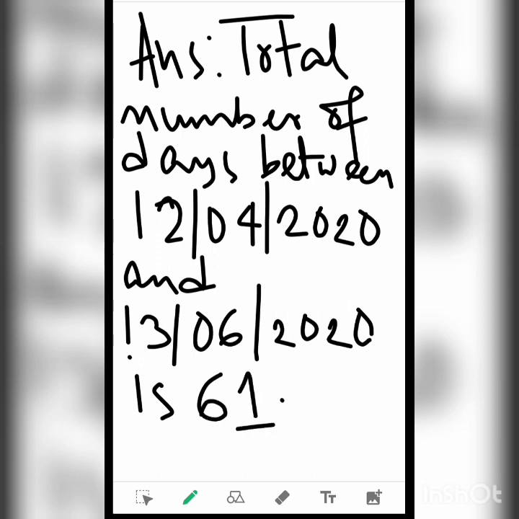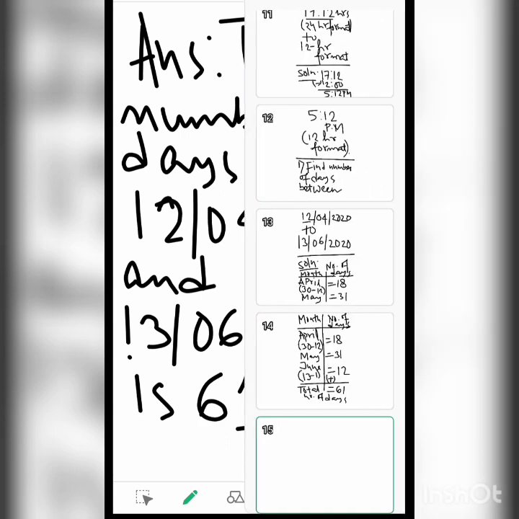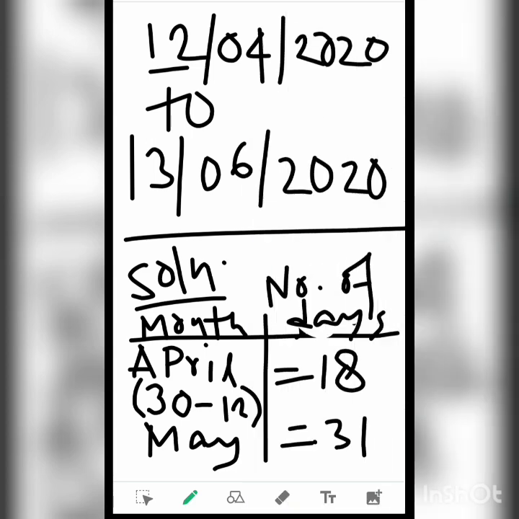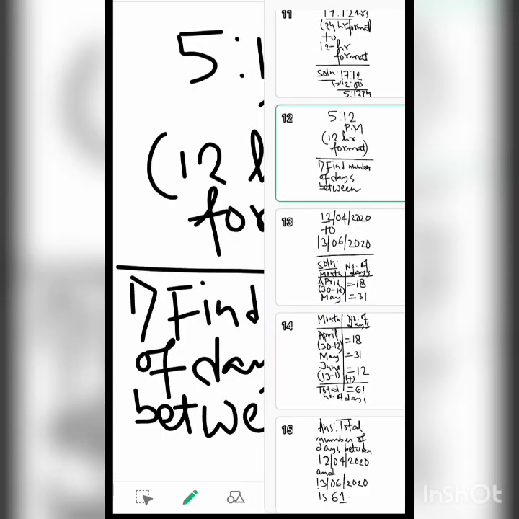Total number of days between 12/4/2020 and 13/6/2020 is 61. Let me just show you the sum once again, then we can make an end to our session.